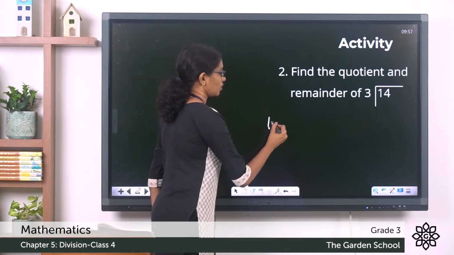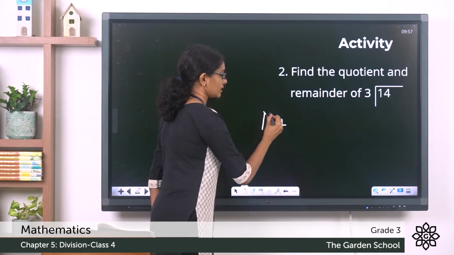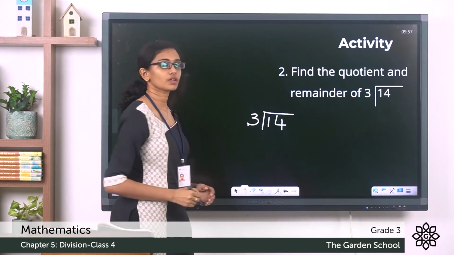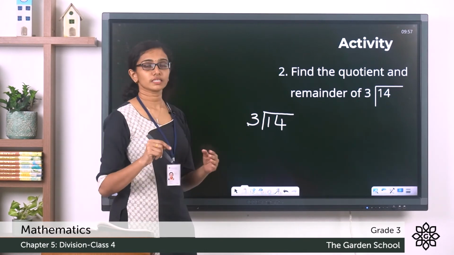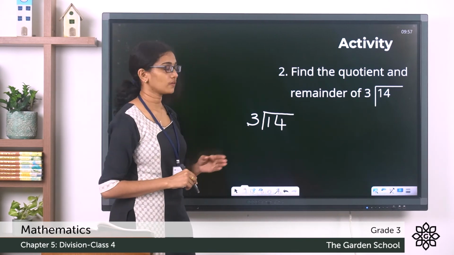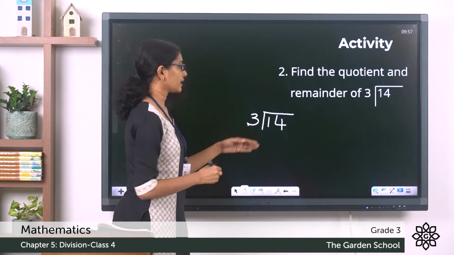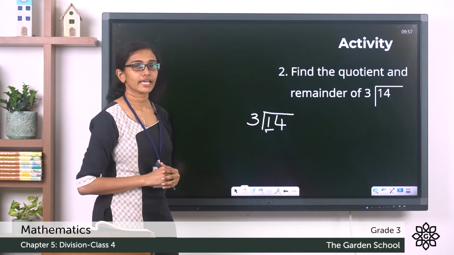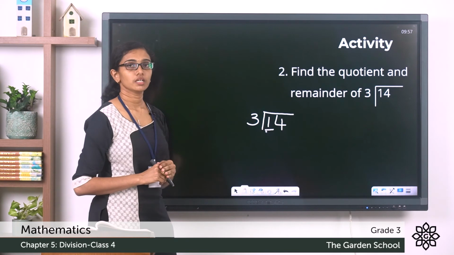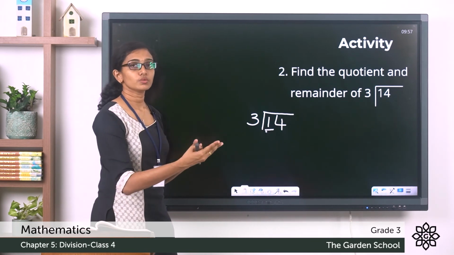Now, 14 divided by 3. So we are dividing with a one digit number. So consider the first digit, or the digit at the highest place of the dividend, which is 1 here. But is 1 divisible by 3? Can we divide 1 by 3? Can we do 3 into something?